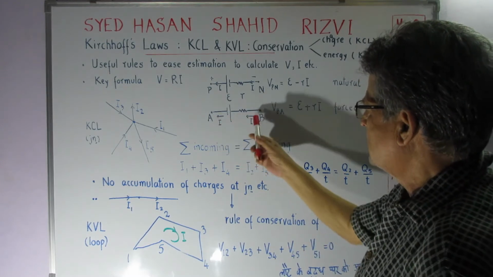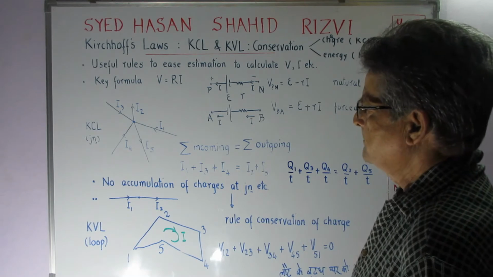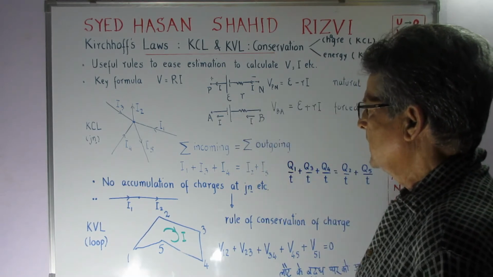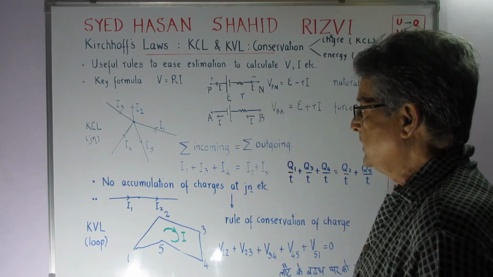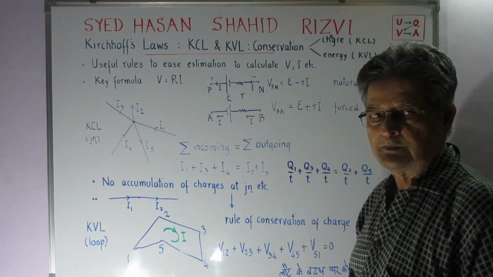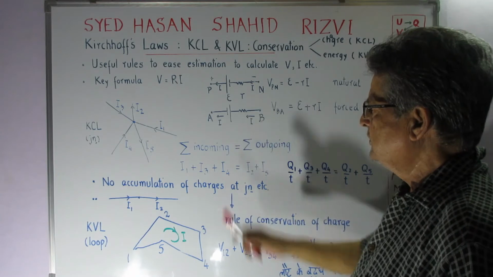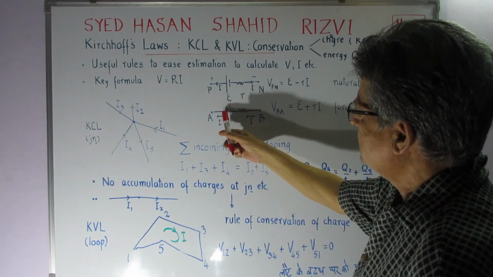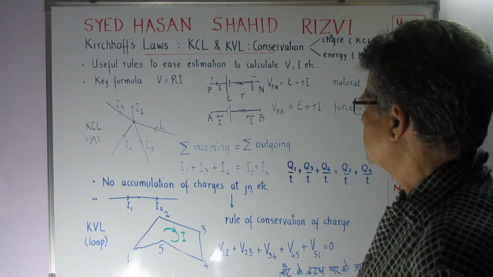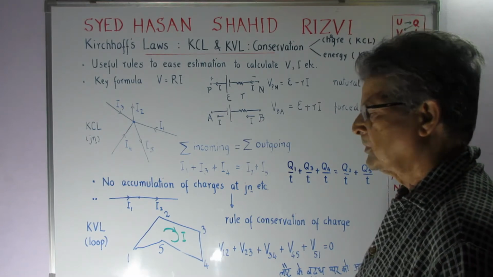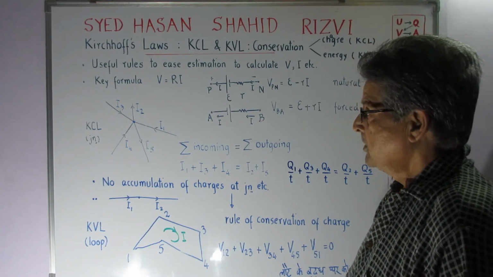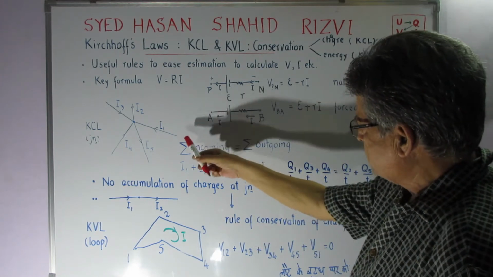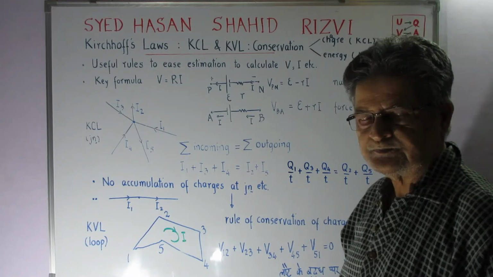I have shown another one, AB, where again the current is shown to come from B to A, going through this from the positive terminal to negative terminal, which is not natural, which is forced. Okay. But we are again traveling from left hand side to right hand side. Okay.